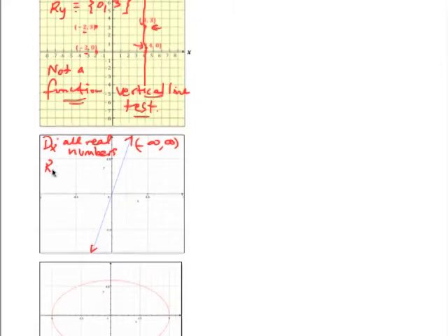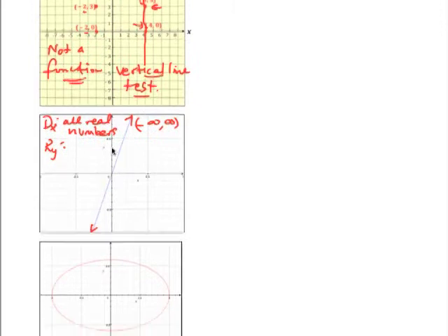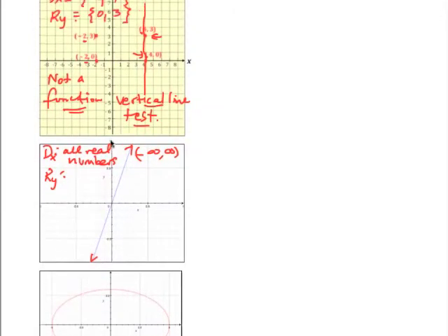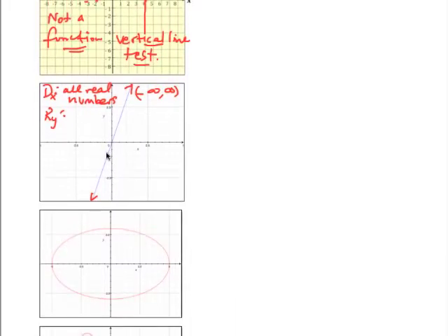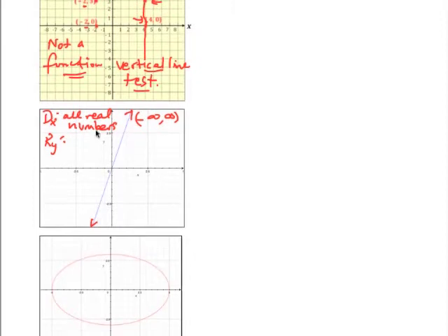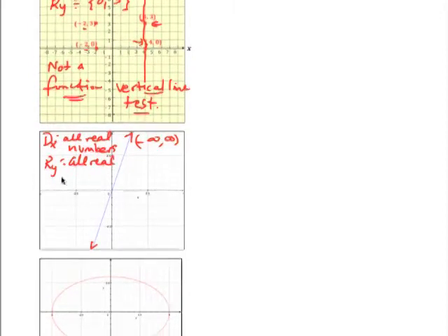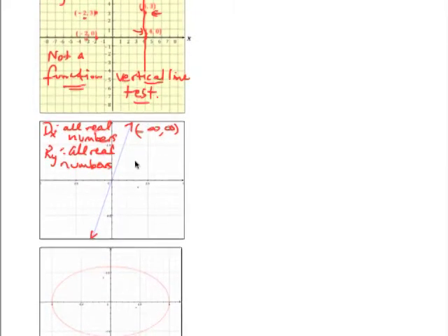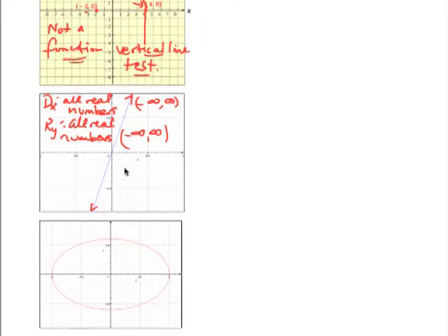Now if I look at the range, this is also going up. So all the x values are increasing. As the x values are increasing, all the y values are increasing, and down this way the y values are getting smaller when the x values are going this way. So again, this is all real numbers. And of course, again, it's -infinity to infinity for the range.